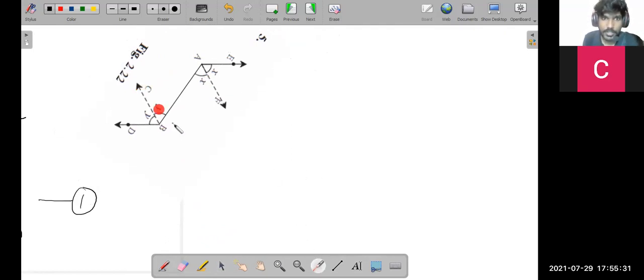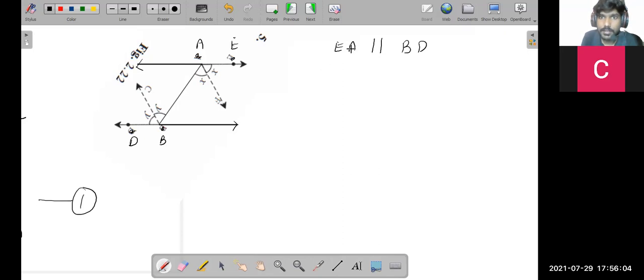If you extend this like this and this like this, can you see something? Firstly, this is E, this is A, this is B, and this is D. So EA is parallel to BD.